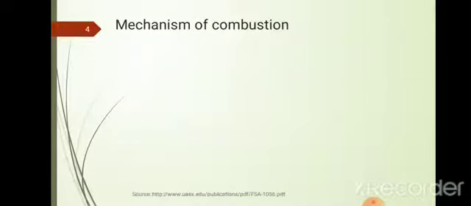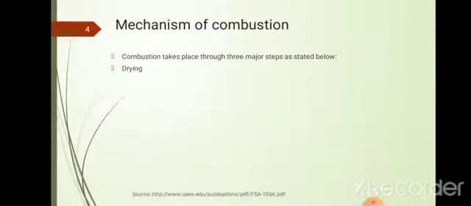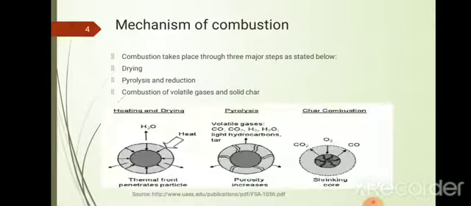Now what is the mechanism of combustion? How does this combustion happen? It happens in different stages. Three major steps are followed. The first one is drying, the second is pyrolysis and reduction, and the third is the combustion of volatile gases and solid char. This is an overall picture of these phases.